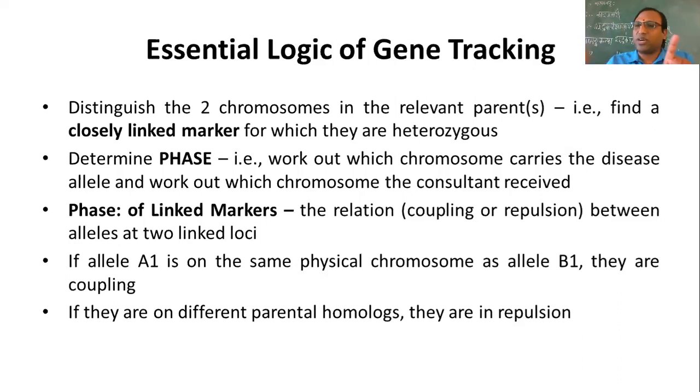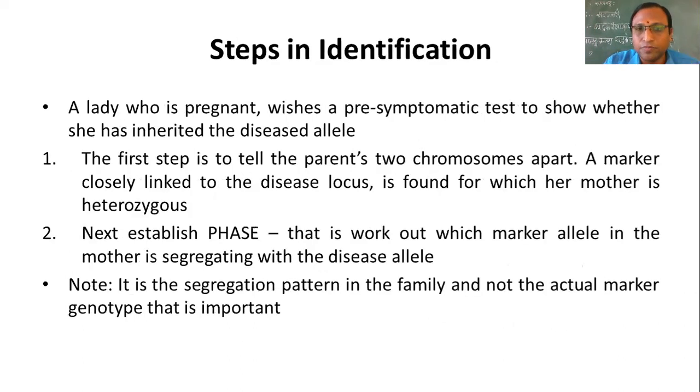If they are on different parental homologs, for example, this chromosome is from the mother and this chromosome is from the father, so one is in this and one is in that, this is repulsion. So we always have to select a coupled, or linked, marker, present in the same chromosome.